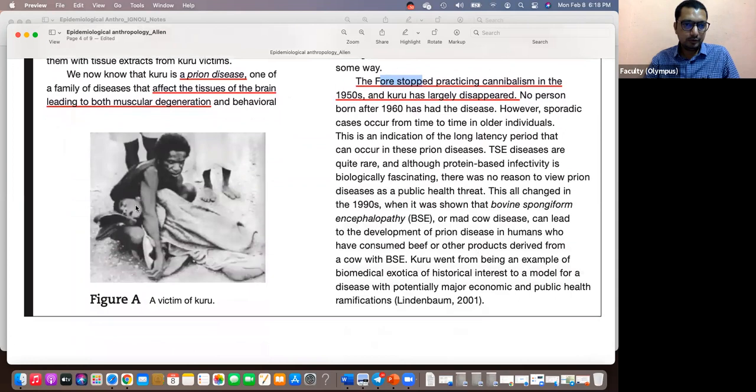Look at how a victim of Kuru looks. Basically, proteins aggregate inside their brain, causing nervous system related disorders. A very complex disease.